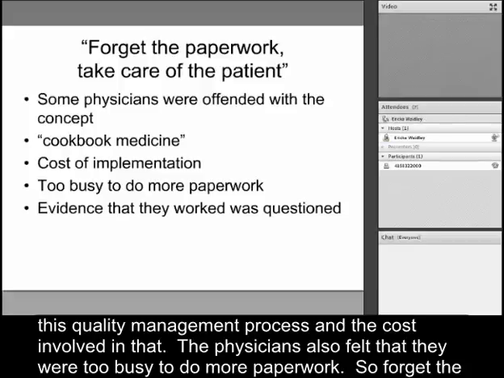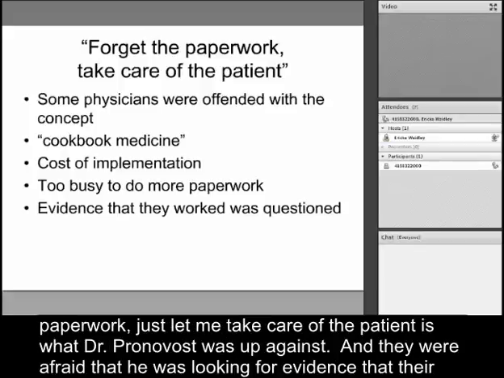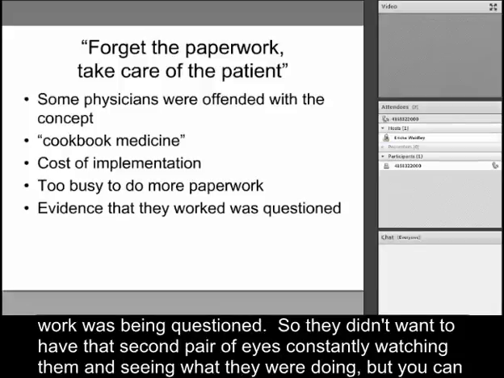The physicians also felt that they were too busy to do more paperwork. So forget the paperwork, just let me take care of the patient is what Dr. Provonost was up against. And they were afraid that he was looking for evidence that their work was being questioned. So they didn't want to have that second pair of eyes constantly watching them and seeing what they were doing.